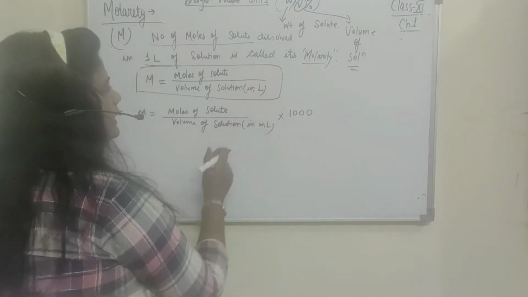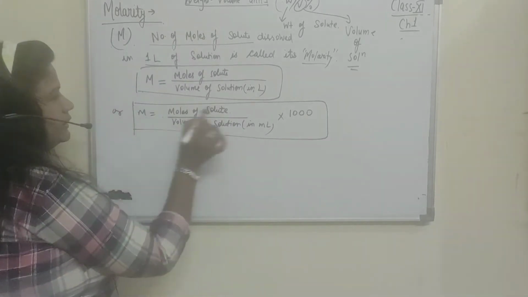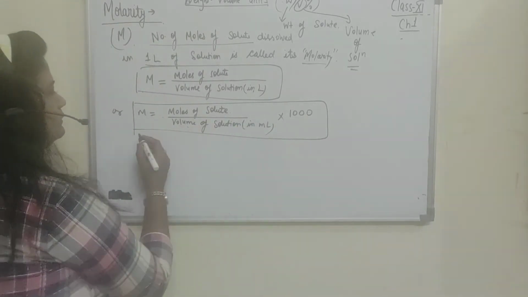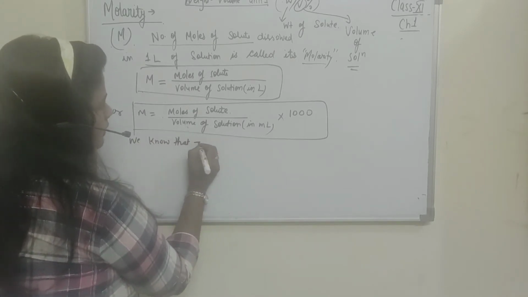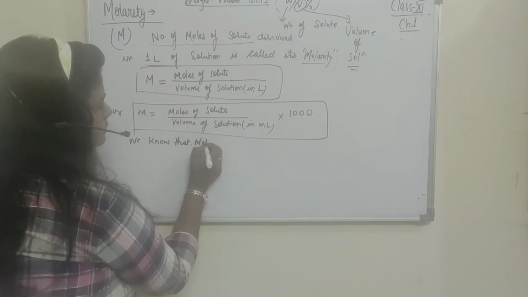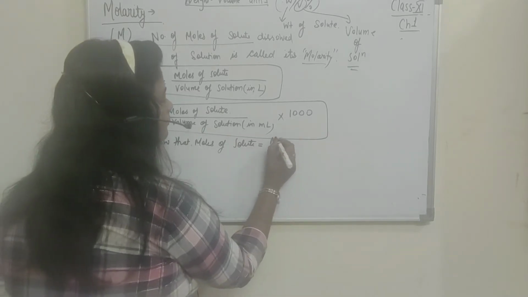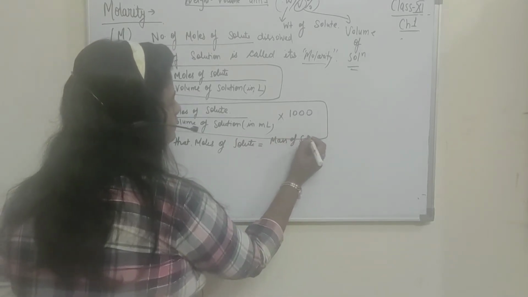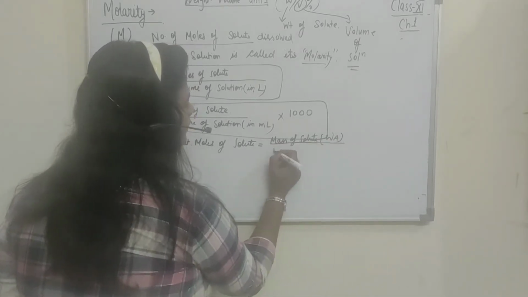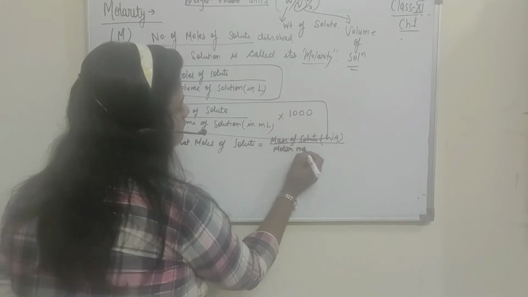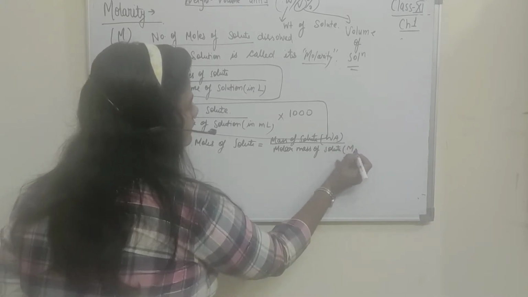To change into ml, we have to multiply this value by 1000. And moles of solute, we know, will be equal to mass of solute, which is represented by WA, upon molar mass of solute, capital MA.